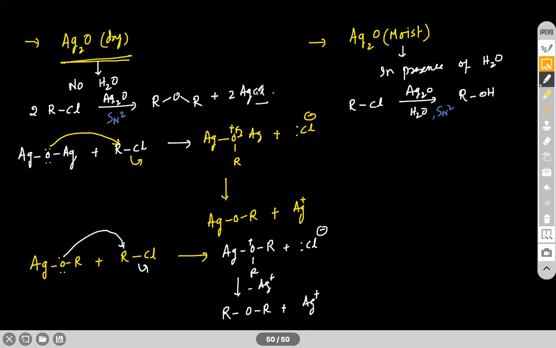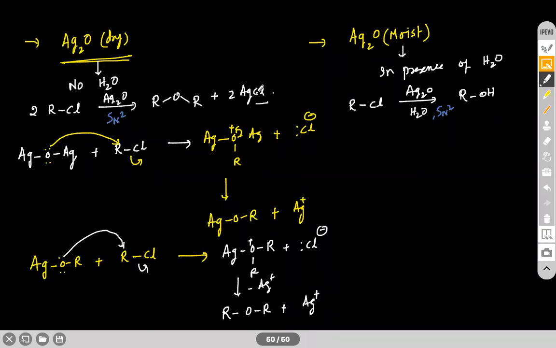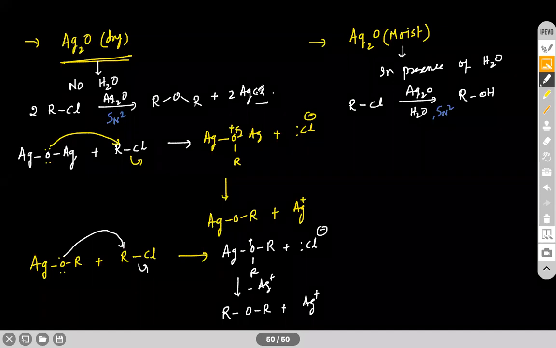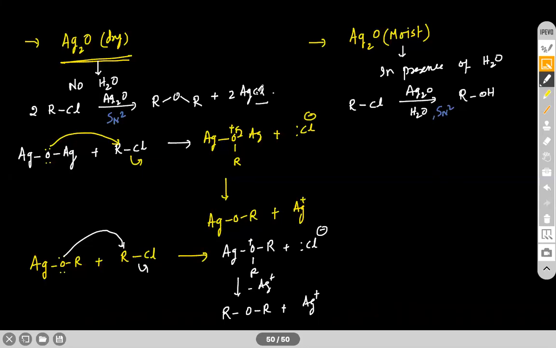Sir, if the alkyl halide is 3 degree, then also SN2 over here? No, if alkyl is 3 degrees, then it favors SN1 reaction. This is only for 1 degree. It gets SN2 only. We are talking about SN2 reactions now.